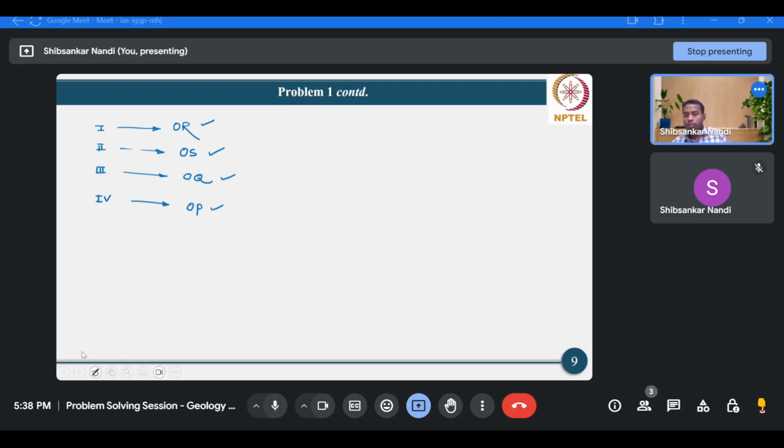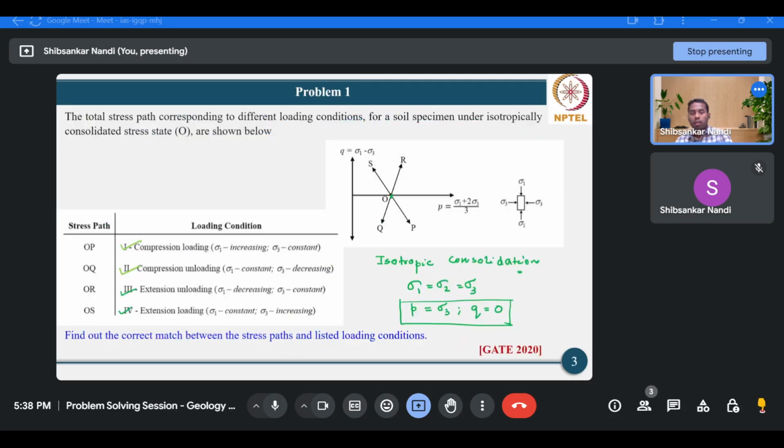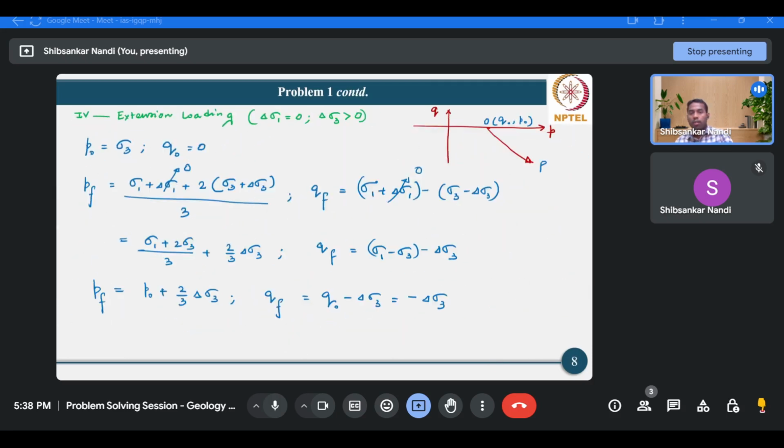So this is the loading condition and this is the stress path. Okay, so this is the answer.